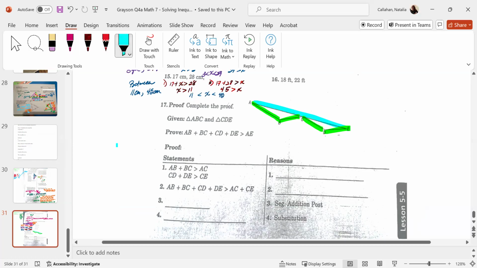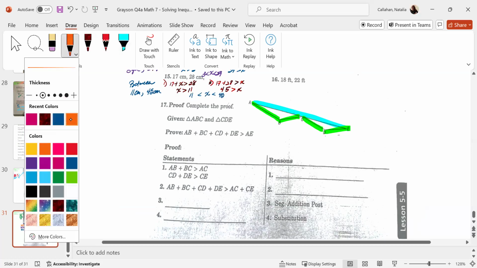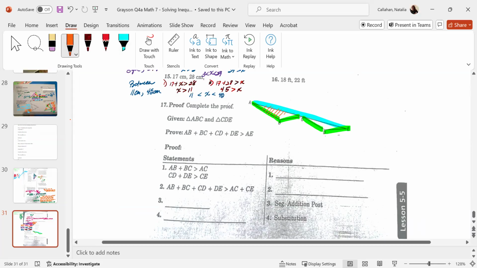Do you see how the green ones are the two sides of a triangle? You have an orange triangle right here, and a red triangle right here. So if I were to write the triangle inequality theorem about the orange triangle, which two sides will be bigger?